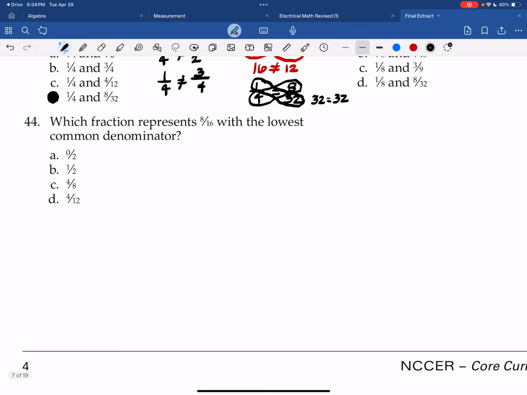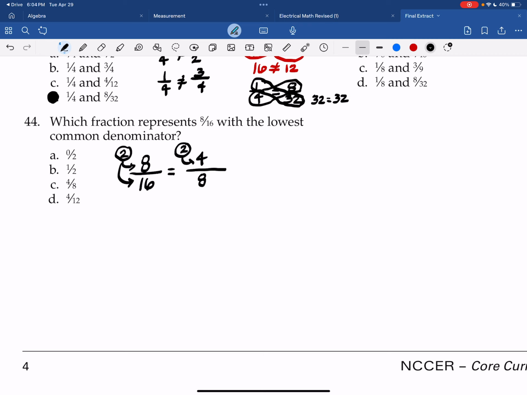Which fraction represents 8/16 with the lowest common denominator? So let me show you something. I could reduce this by 2. 2 into 8 is 4. 2 into 16 is 8. And then this would go lower.